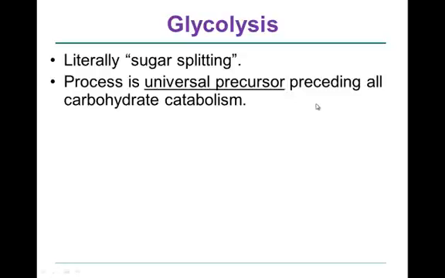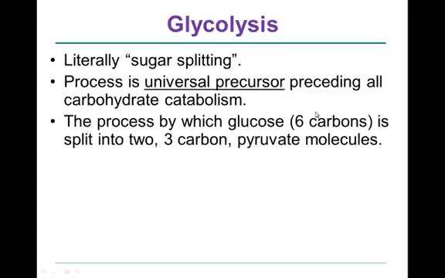And glycolysis may be defined, I suppose, as the process by which glucose is split into two 3-carbon pyruvate molecules. So the 6-carbon glucose is split into two 3-carbon pyruvate molecules. And this occurs in the cytoplasm. There are enzymes there for glycolysis, and that's why it occurs there, and that's also where the glucose is.